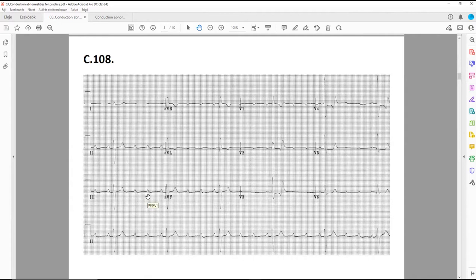Around 33, so it's bradycardia. For the axis, lead one is positive, and AVF is negative, and lead 2 is negative. So that's an extreme left deviation.